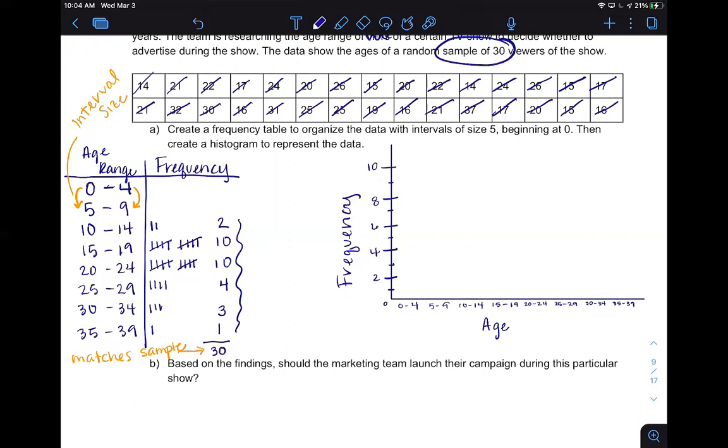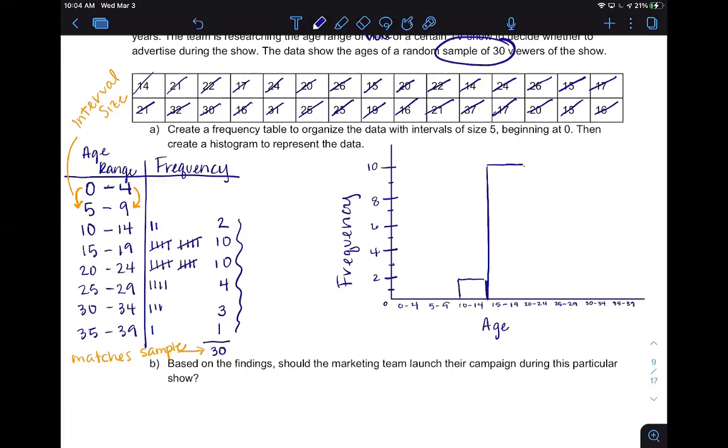Okay. And then you're going to make a bar graph connecting your bars. So from 10 to 14, we had a frequency of 2. So I'm going to make a bar that goes up to 2. 15 to 19 goes up to 10. So that bar is going to be touching. Okay.